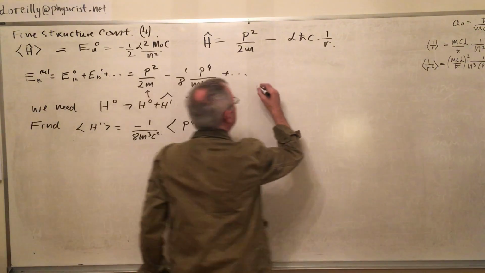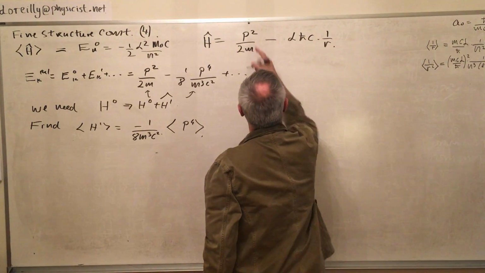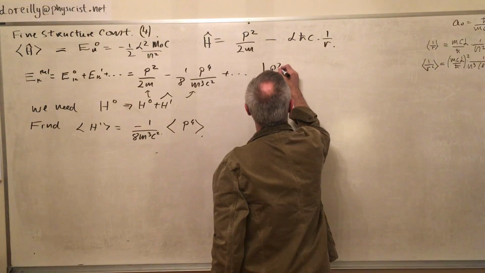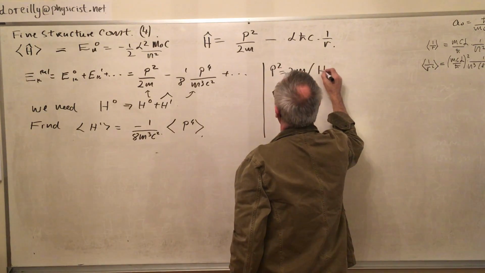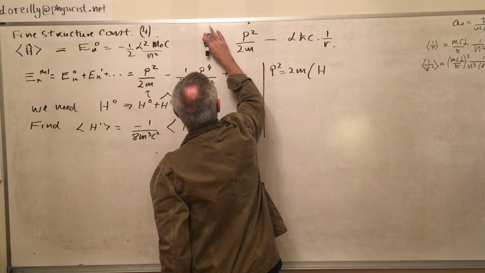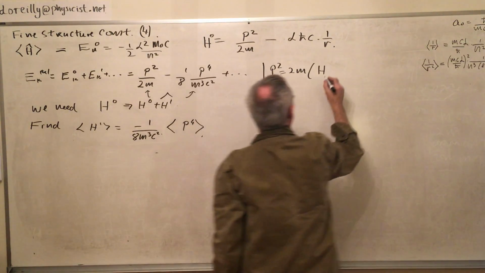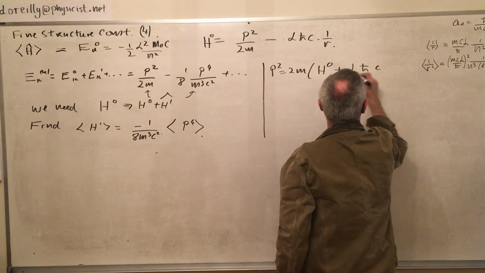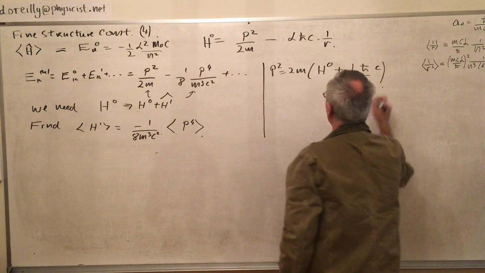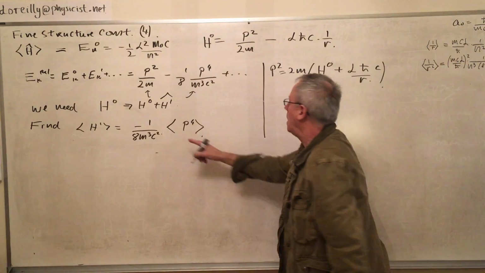So we're going to carry out a trick. We're going to write this. This is H0 actually. Now p to the fourth, this object here.